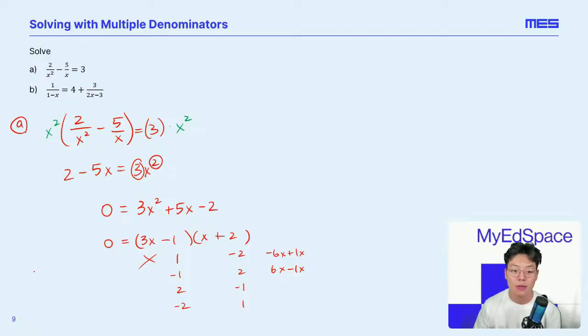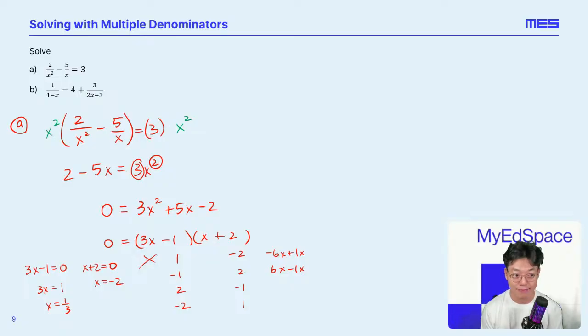You must consider 3x minus 1 is equal to 0 and x plus 2 is equal to 0. Therefore, 3x is equal to 1, x is equal to 1/3, and or x is equal to -2. So either of these x values should give you a true statement for our very first equation on this slide.